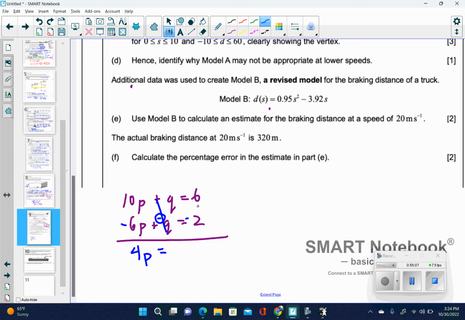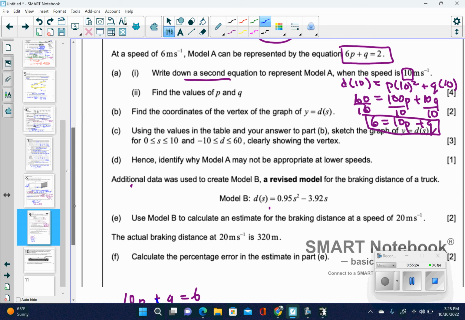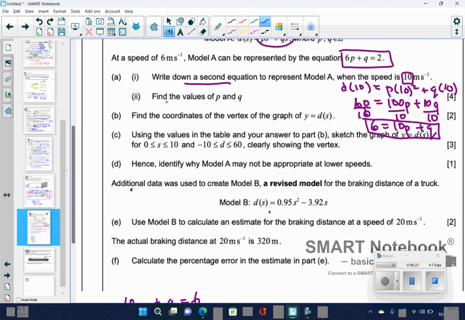And 6 minus 2 is equal to 4. Therefore P is equal to 1. If P equals 1, I can plug that back in to find Q is equal to negative 4. So P equals 1 and Q is equal to negative 4. That is my answer for part A2.